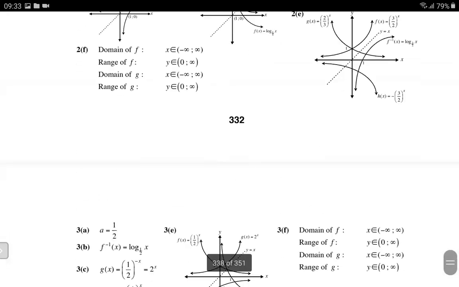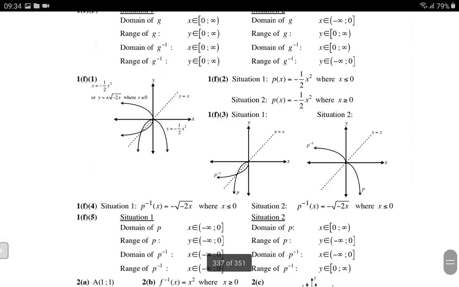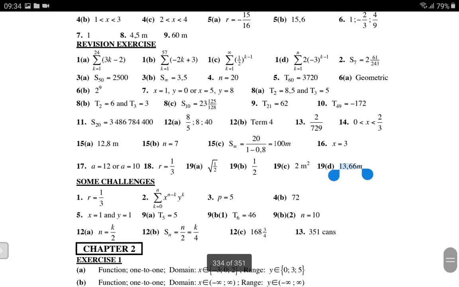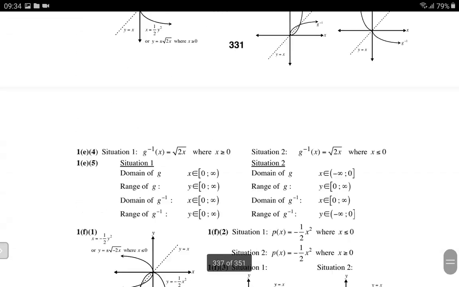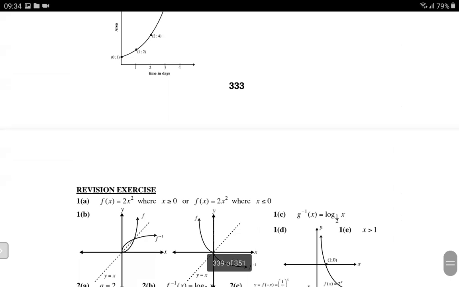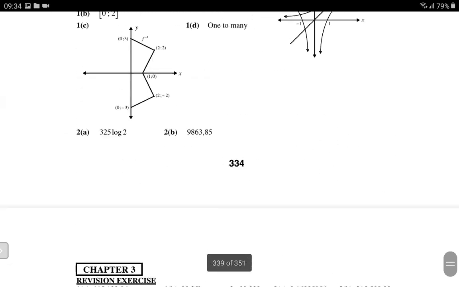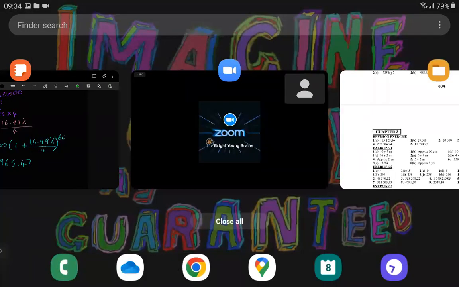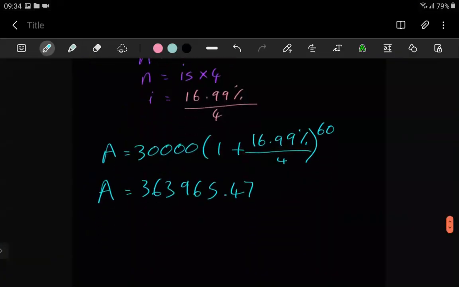So we're looking for chapter 3. This is chapter 2, chapter 3 is just down here. We did this as 3B.